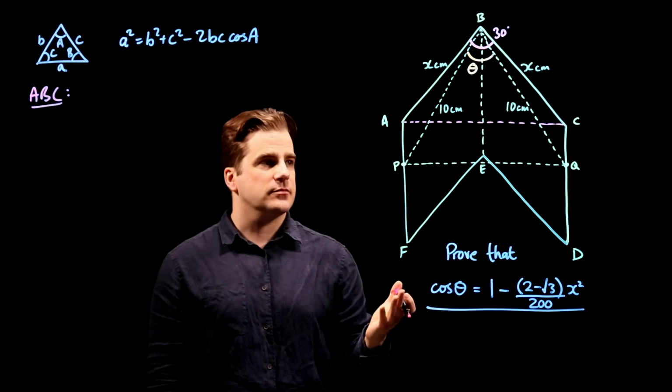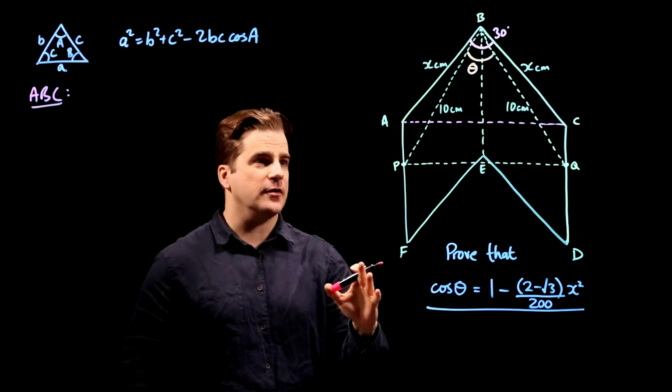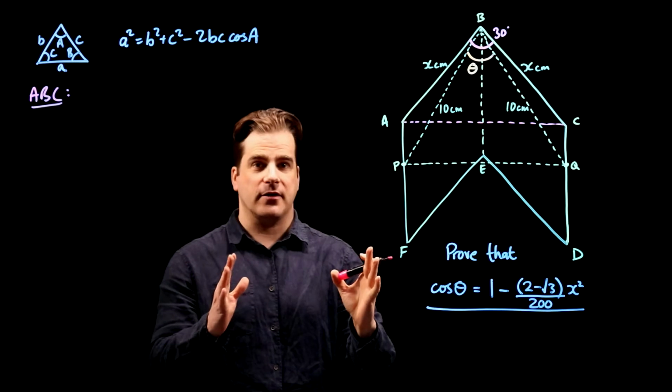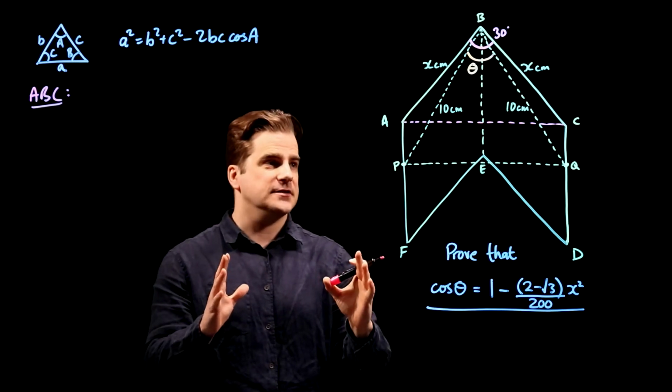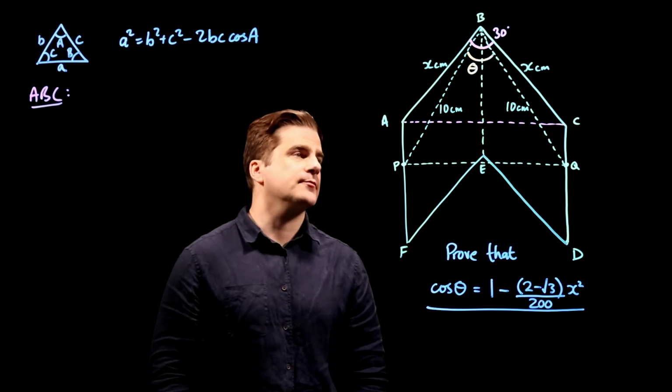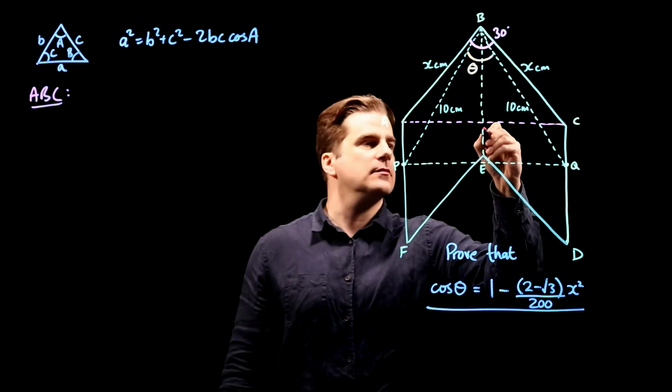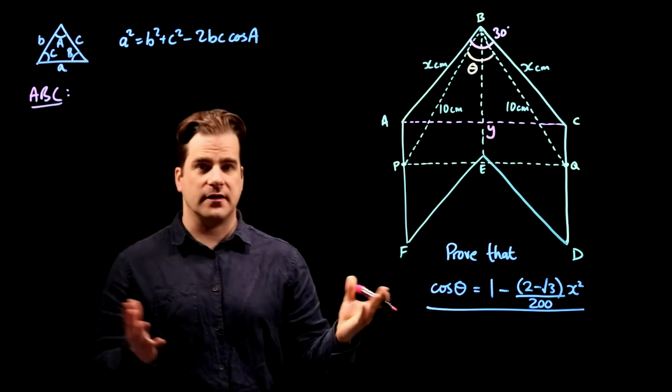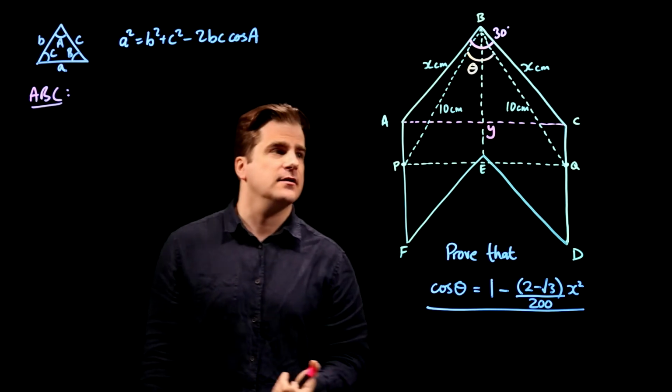So, again, you've got to have the confidence to not worry about the fact you don't know what it is. Let's call it y. I've invented a letter, that's fine.